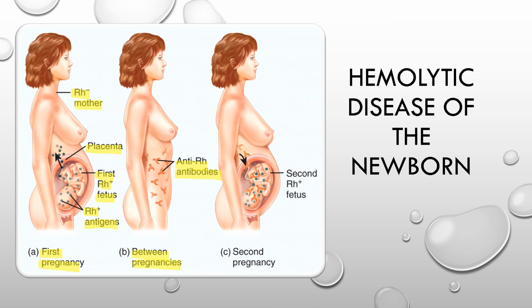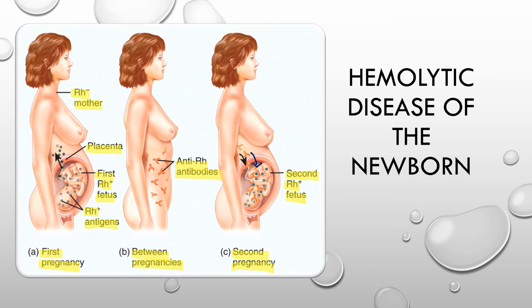This is between the pregnancies. Then, if there is another Rh positive fetus in a second pregnancy, for example, those antibodies will go and attack the fetus. Essentially, it sees it as foreign, kind of like an infection.